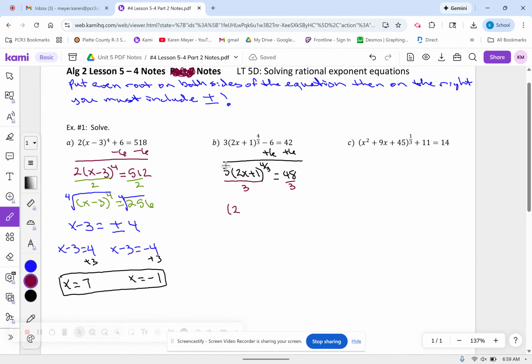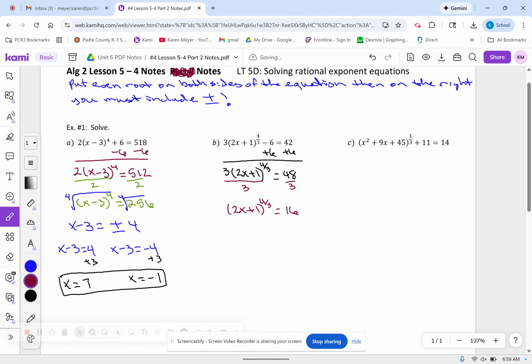So then I have 2x plus 1 in the parentheses raised to the 4/3 equals 16. Okay, and then same thing, we're still going to get rid of a power by using a root.